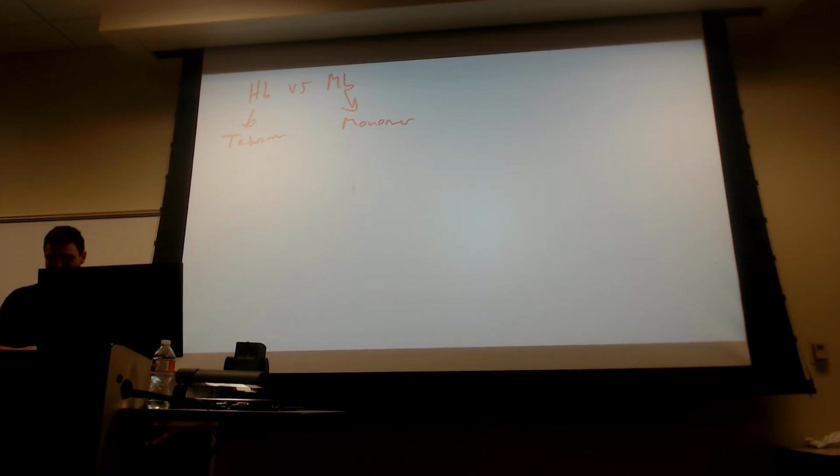We said this one has cooperativity and this one doesn't. Why? Quaternary structure, and you have to have communication between subunits.